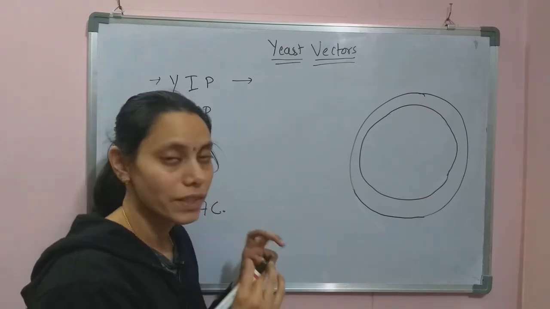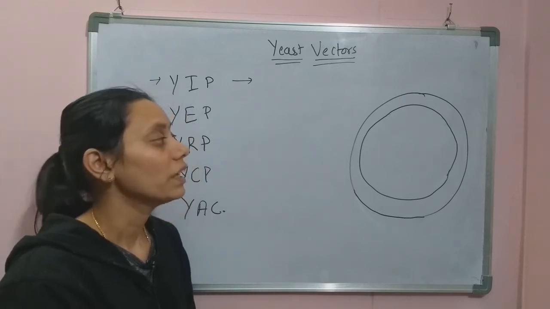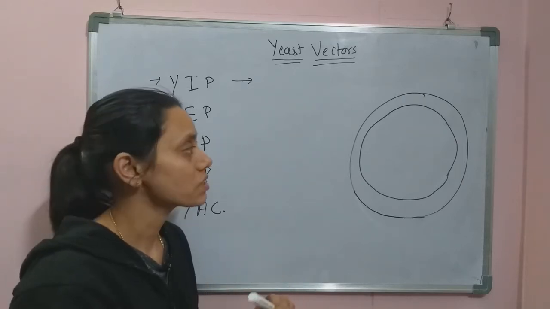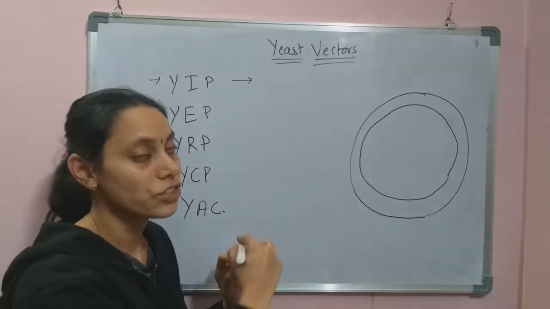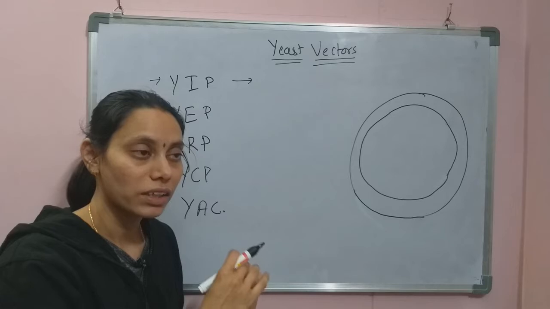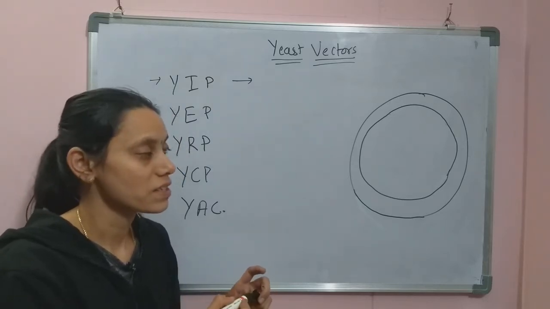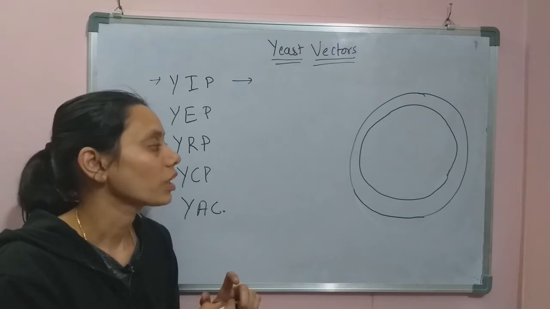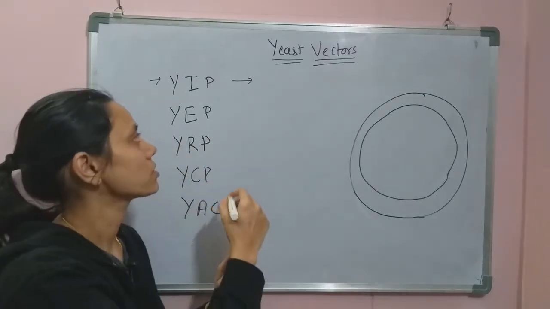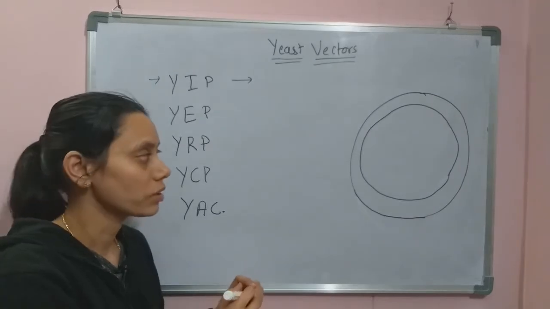It is basically designed to be cloned inside bacteria, but it also has the ability to be cloned in yeast. All these are basically shuttle vectors, which means we can clone them inside the bacteria as well as inside the yeast cell. So the yeast integrative plasmid is a shuttle vector as well.